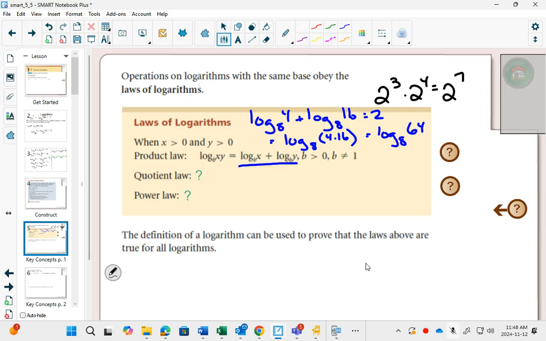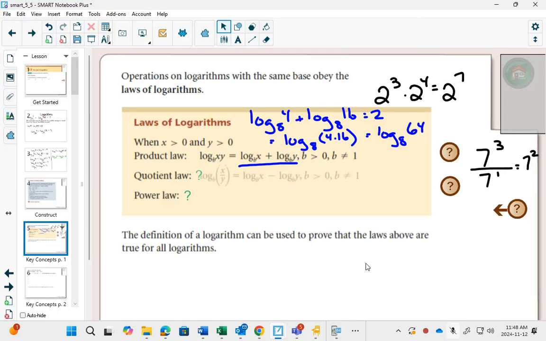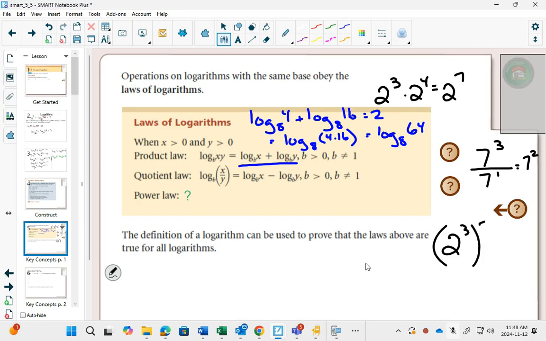Remember your exponent law for dividing? If you have the same base and you're dividing, you subtract the exponents. Well, there's a log law that says if you're dividing inside of the logarithm, you can just change that to subtracting. And in exponents, we have a power to a power.